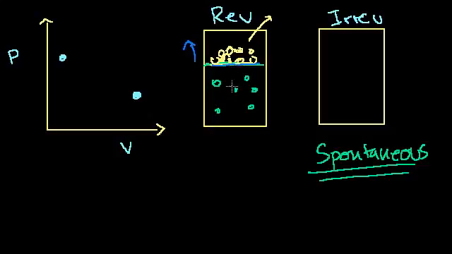As it moves up, we'll have lower and lower pressure because the gases will bounce into the surface less, and we'll have a higher volume. So as we remove each infinitesimally small grain of sand, super slowly, always infinitely close to equilibrium, we move from this state to this state.